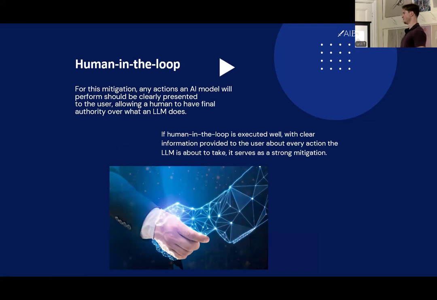So remember in the demo when we had that bit where OpenAI came up with the approve or deny right before the action. This is basically what human in the loop is, stopping the AI from just acting of its own accord. If this is implemented really well, then it does serve as a strong mitigation, but it's not being implemented well at the moment.